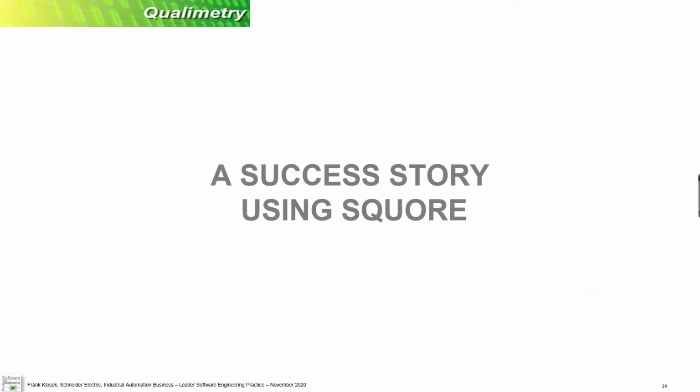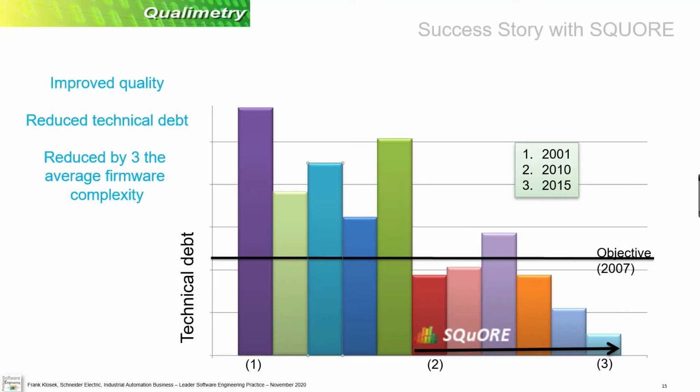I want to show you, besides that, a success story by a team using Squore. There were several modules in 2001, it's a long time ago, where they measured the technical debt, and they were far beyond the target.